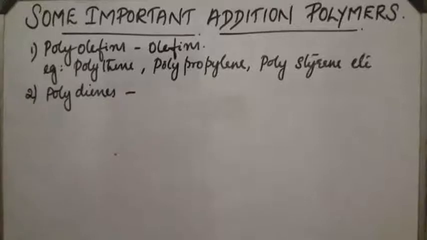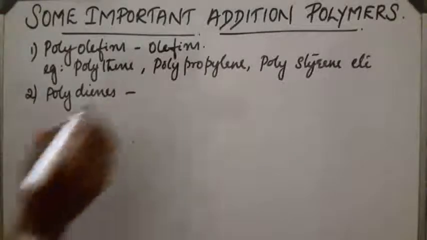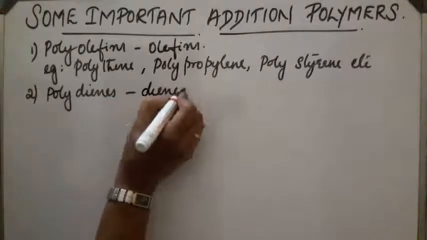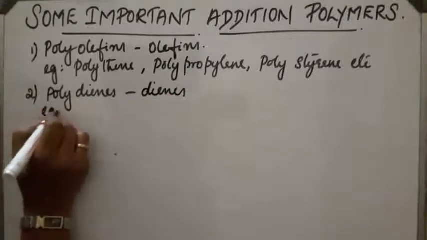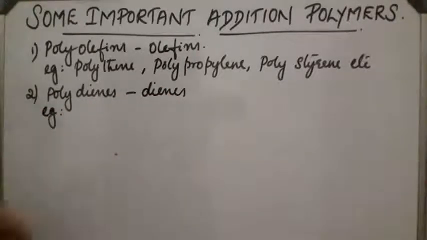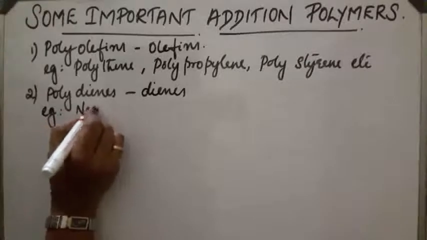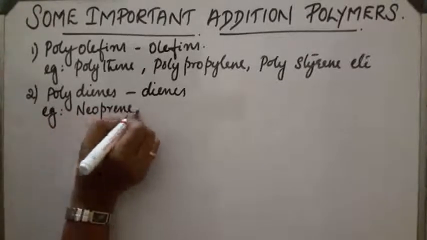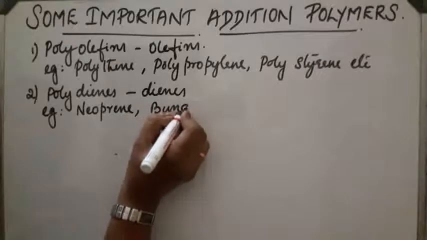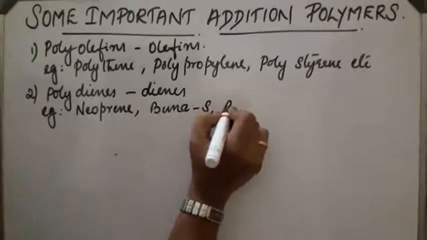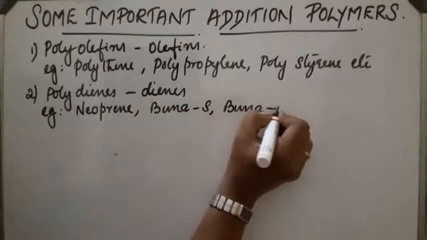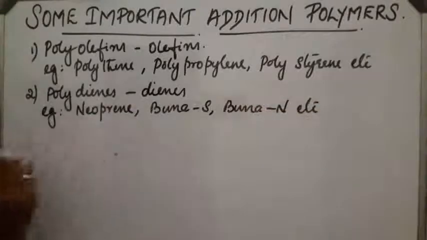Polydienes are polymers derived from dienes. Example, synthetic rubbers like neoprene, BUNA, etc. are examples.